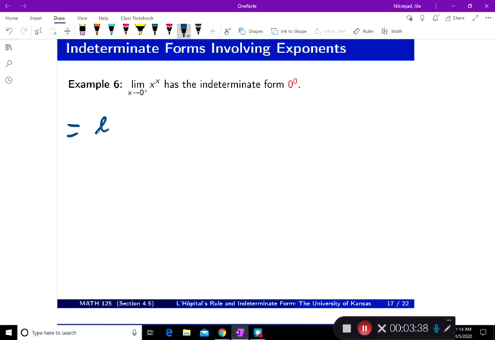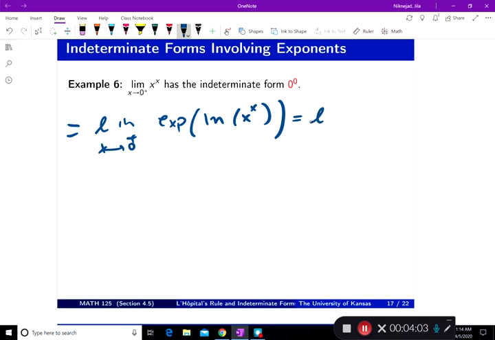So let's write down the limit, and then write down exponential of natural log of x to the power x. We haven't changed anything, because exponential of natural log are inverses of each other.